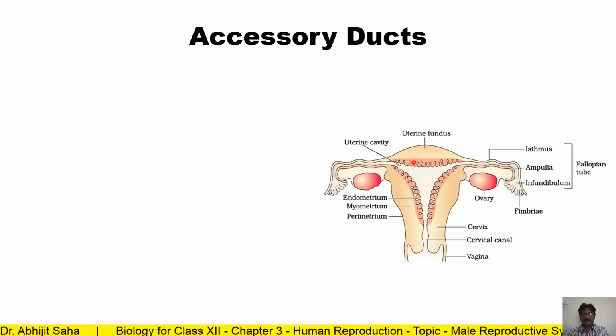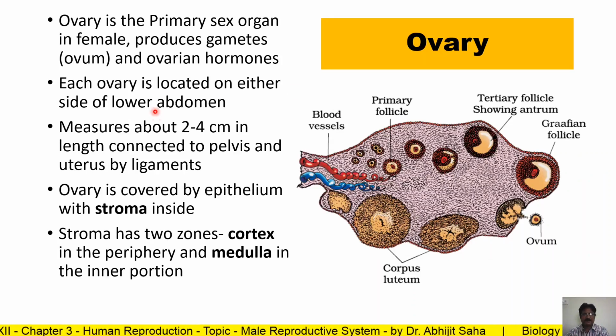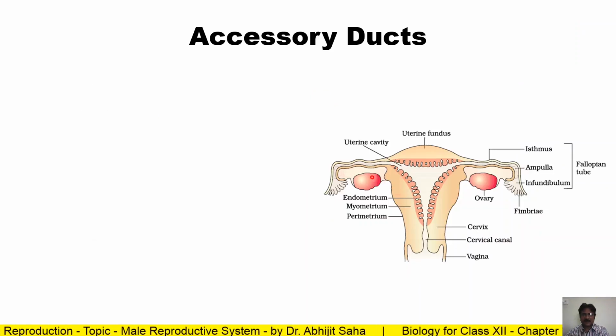The accessory ducts. Just now we have studied that the ovaries are in pairs in the abdomen and they are attached by ligaments.